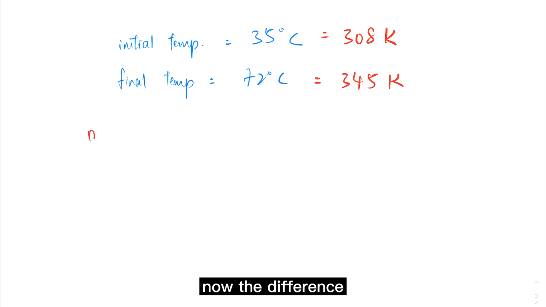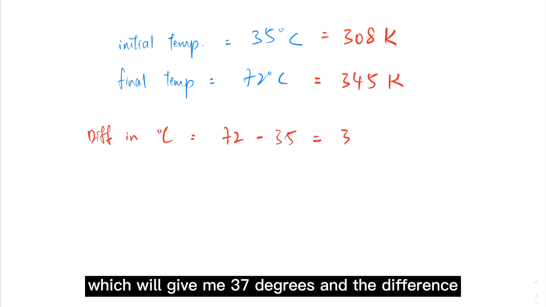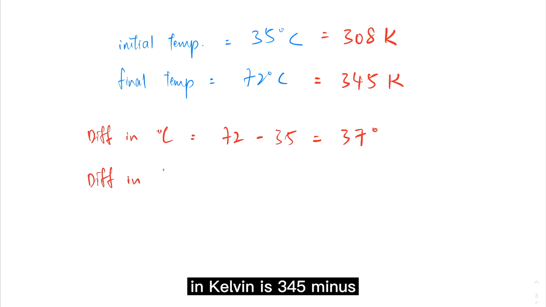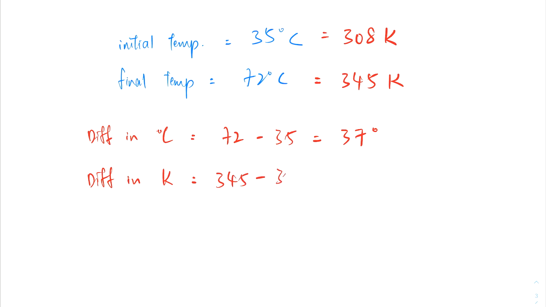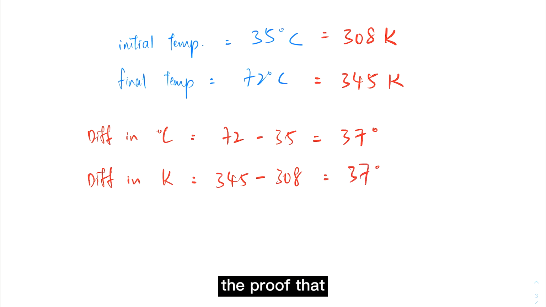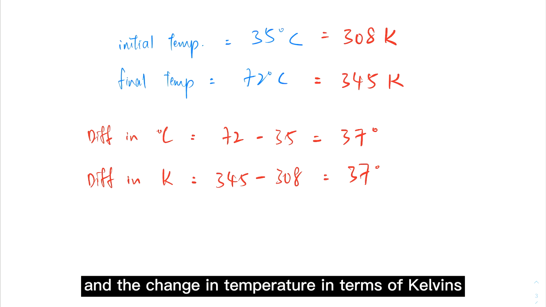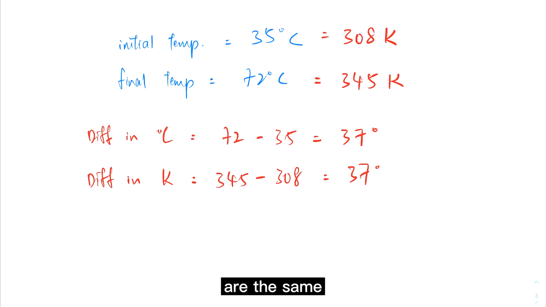Now, the difference in Celsius is 72 minus 35, which will give me 37 degrees, and the difference in Kelvins is 345 minus 308, which will also give me 37 degrees. So there you have it, the proof that the change in temperature in terms of Celsius and the change in temperature in terms of Kelvins are the same.